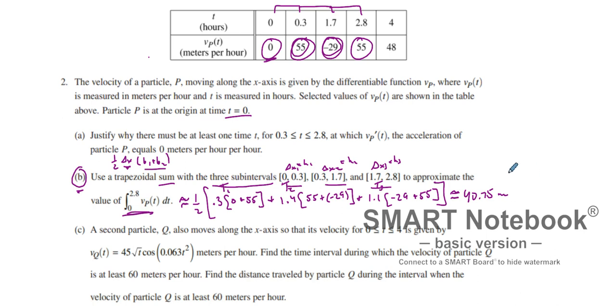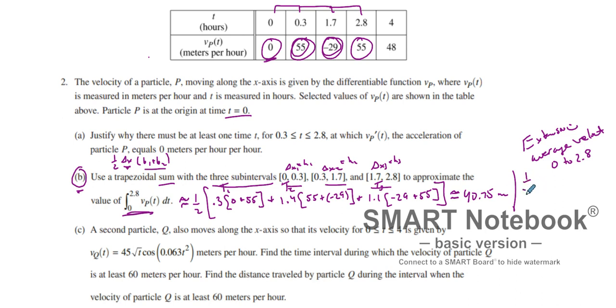If you want to find the average velocity of this particle, all right, a little extension problem, sometimes you would see this on an AP test. Find the average velocity on the interval from 0 to 2.8. And what we would do is we would take this and divide it by 2.8.